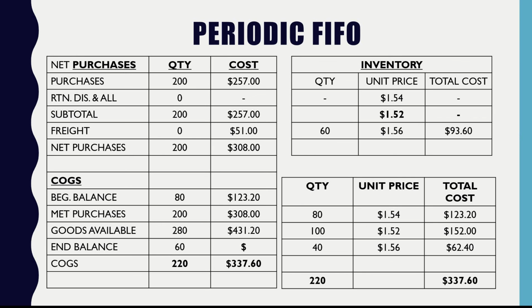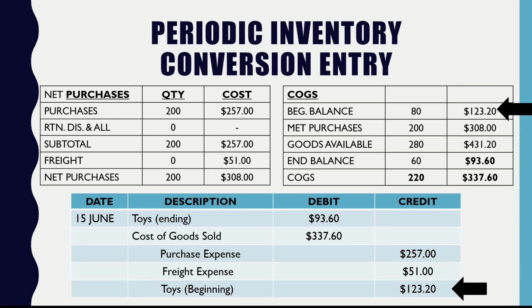All right. So, of course, that's right. We already went through this. Once we've computed this table, we have to complete our conversion entry, because it is what we have to do at the end of a given period.